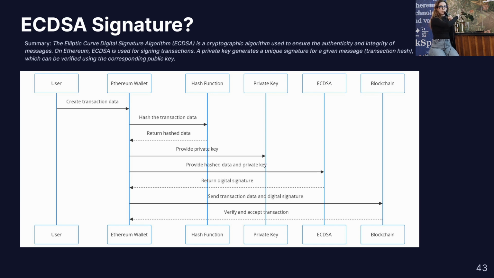The ECDSA then gets back the digital signature that includes this hash data together with the private key. After that, we're able to send the transaction data together with the digital signature to the blockchain because it's already verified and accepted.